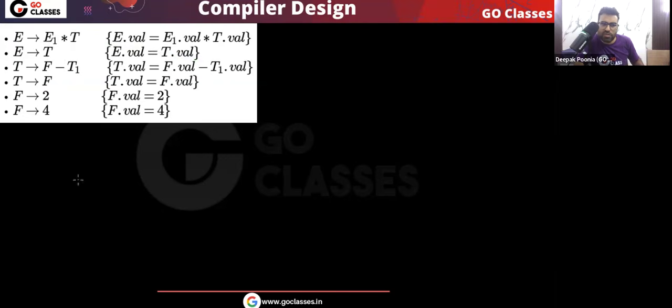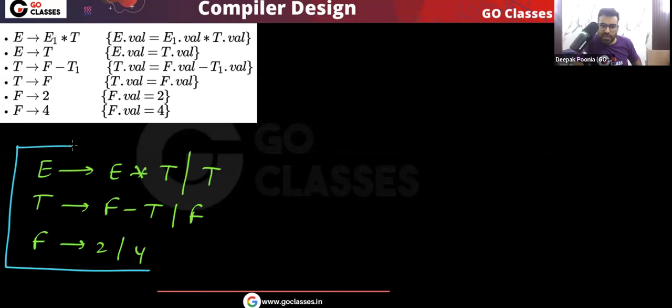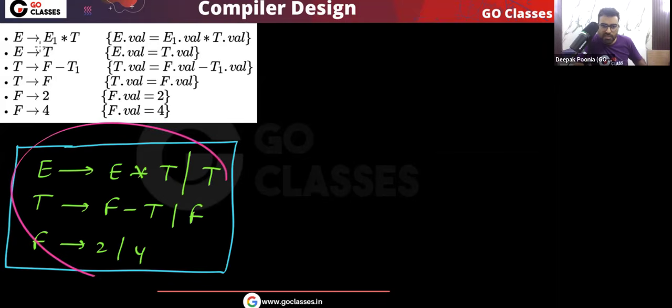One more thing you notice in this grammar: E goes to E star T or T, T goes to F minus T or F, and F goes to 2 or 4. Look at this grammar and you will recall something. This is the unambiguous expression grammar, for which ambiguous expression grammar?